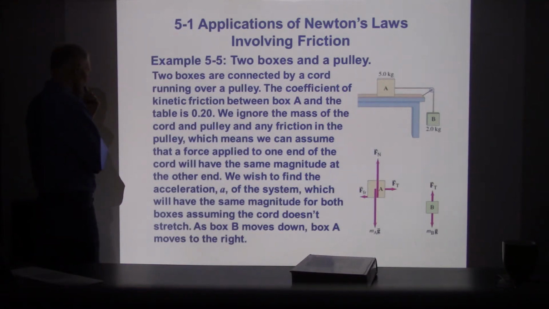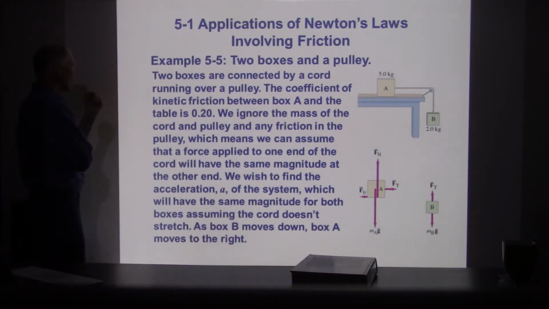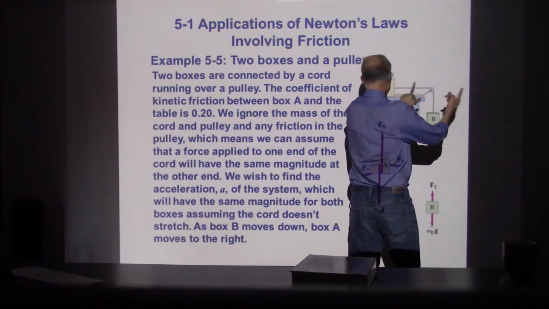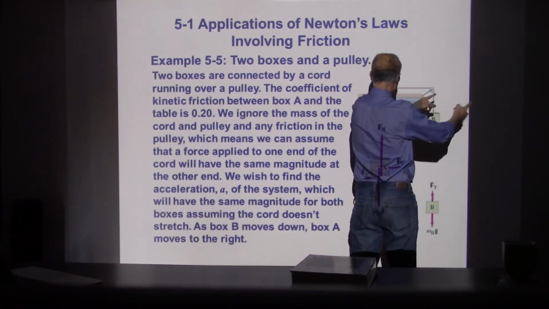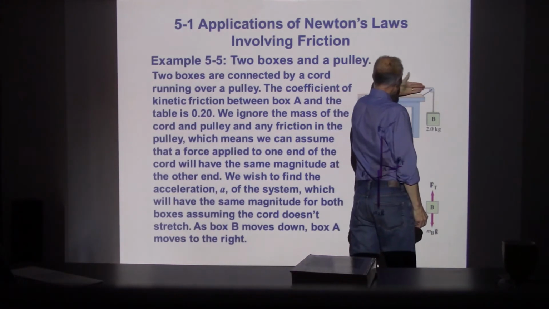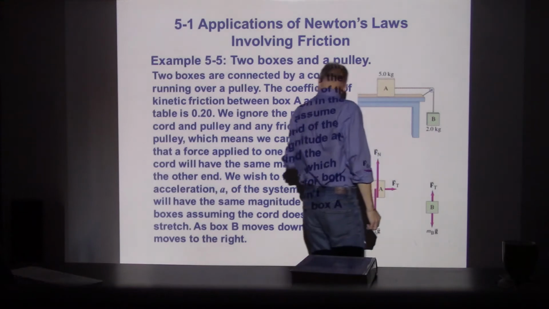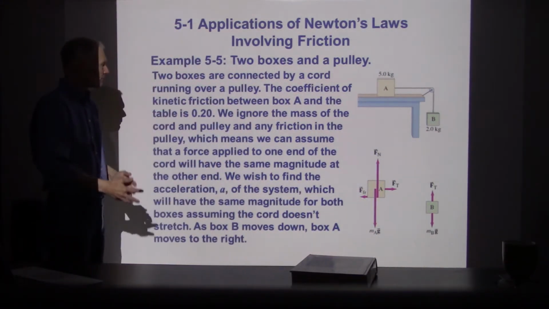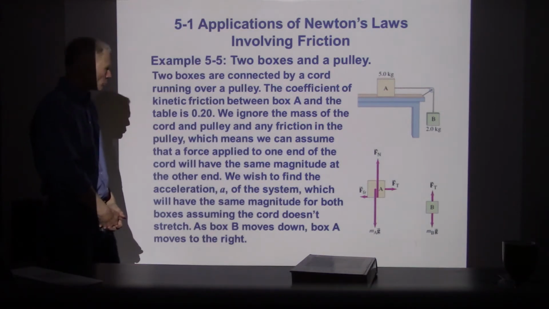Okay. Now, it's moving to the right, so they do tell us that it's not sliding this way and then making its way back. It's going to be sliding this way right from the start, is my understanding. So that's good to know. We just have to keep track of friction in one direction.